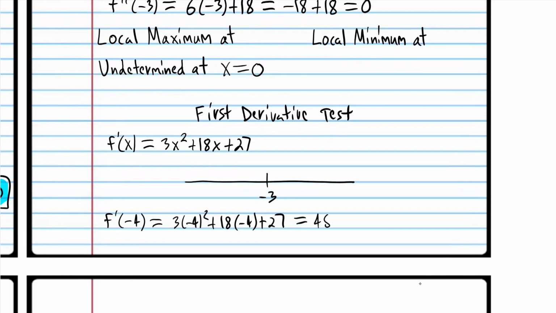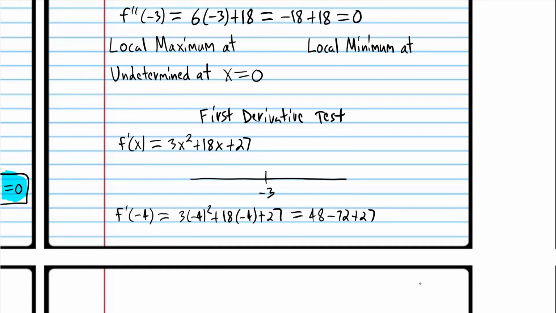And looks like we get 48 minus 72 plus 27. And that leads us to, looks like 3. So that's going to be a positive number.